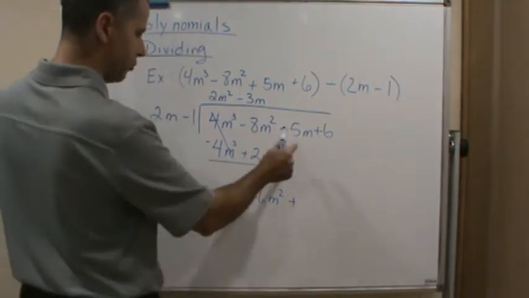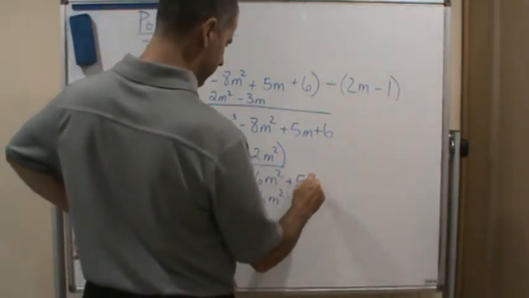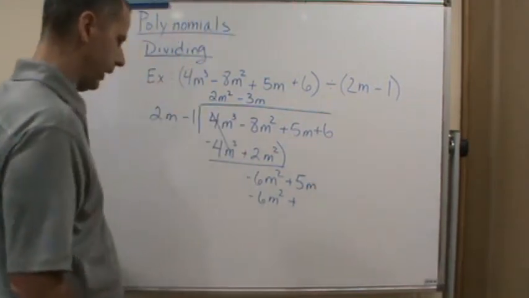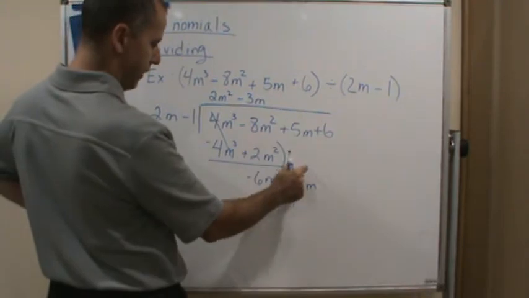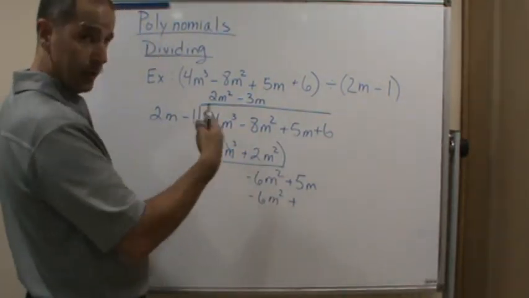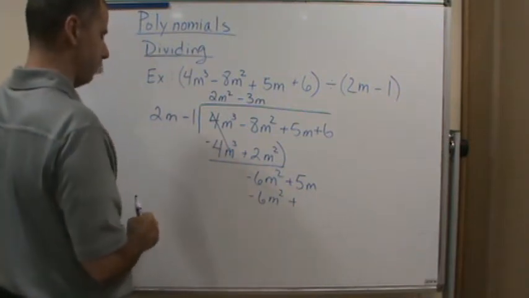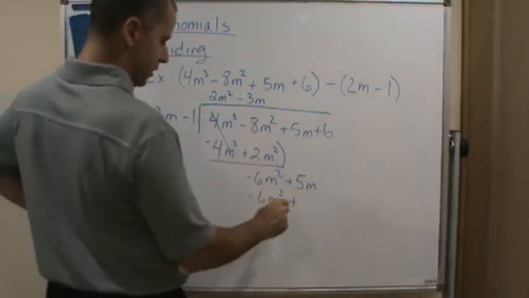Oh, hold on, I forgot to drop down. After you subtract, you drop down the next one. So you divide, multiply, subtract, and drop down. So -1 times this gives me a 3m.